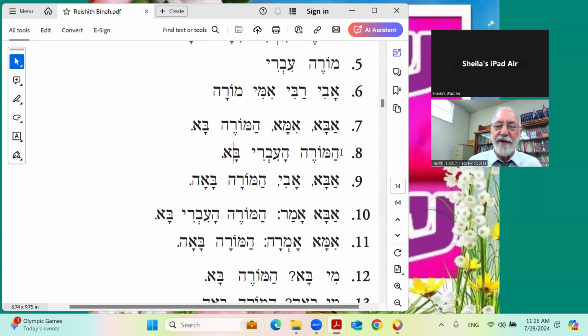Now you notice there's two different ways of making the ha, whether it's this ah or whether it's this ah. And I think there are rules to determine which vowel you use. I'm not aware of the particulars in this case, but there are specific reasons. 9.